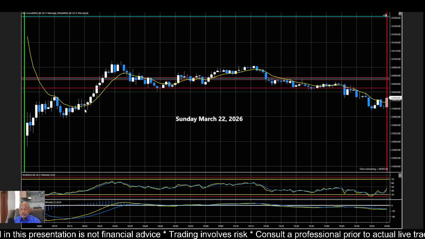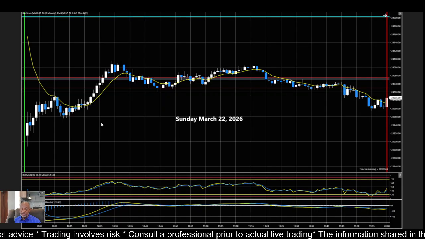It would have been so small that every one of these wicks that you see on these candles, each one of these, even this very small one here, is more than 25 ticks.